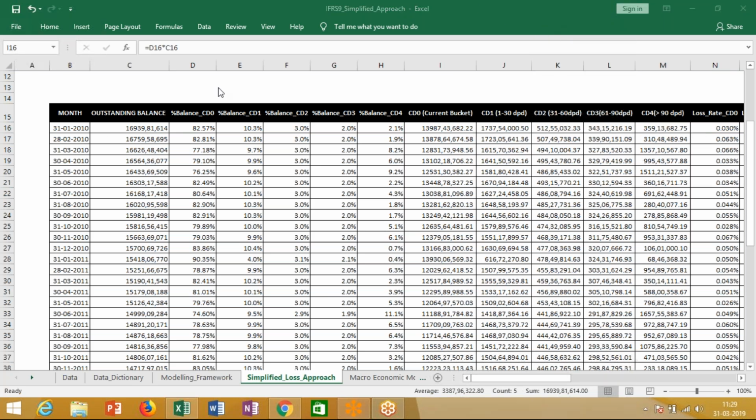Perfect. So this is the total outstanding balance, and this is the distribution of these balances across the buckets. Now the next part that comes over here is the month. So on a month on month basis, how are we going to do this?